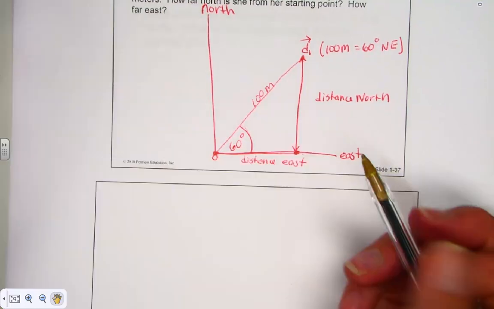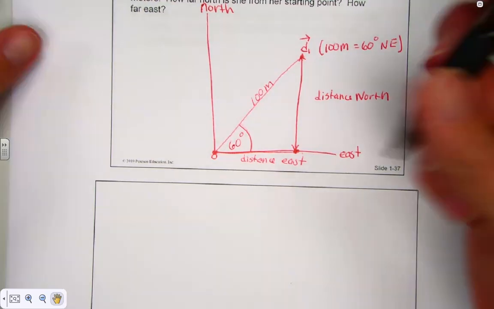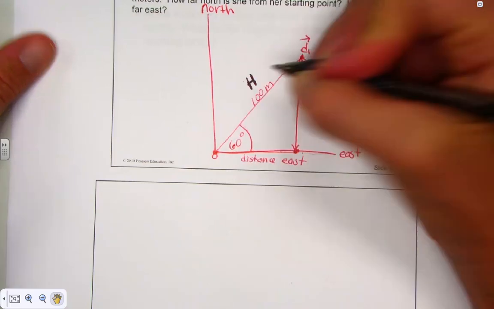We'd like to know both sides. So the displacement represented here is really giving us what we called side H, the hypotenuse.